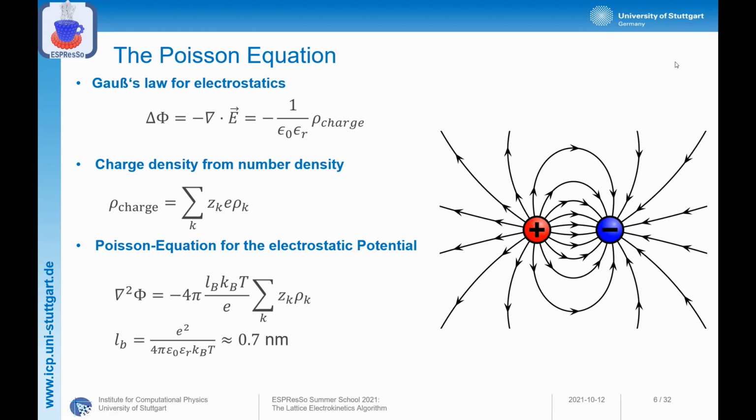If you plug in the number for water, you will end up with something like 0.7 nanometers. But this doesn't concern us all too much. What's important is that we have a Poisson equation that says the Laplacian of the electrostatic potential is the sum of the number densities.